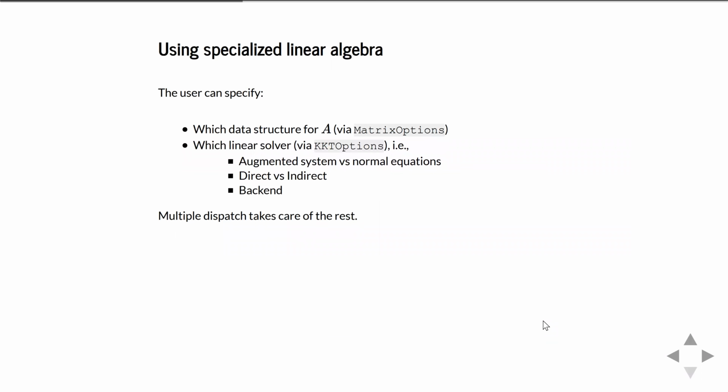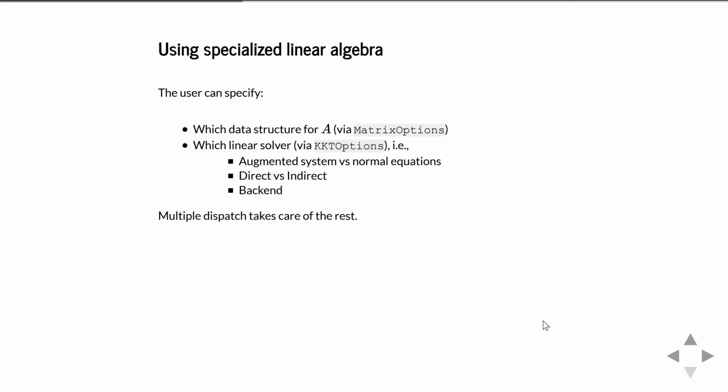Now, the feature that I'm going to talk about a bit more today is how to use specialized linear algebra. And specifically, there are parameters that you can access that allow you to specify which data structure you want to use for storing the constraint matrix and which linear solver you want to use for solving linear systems.